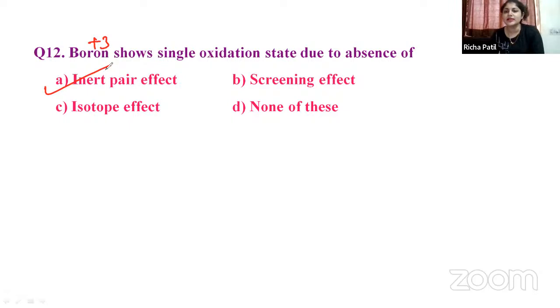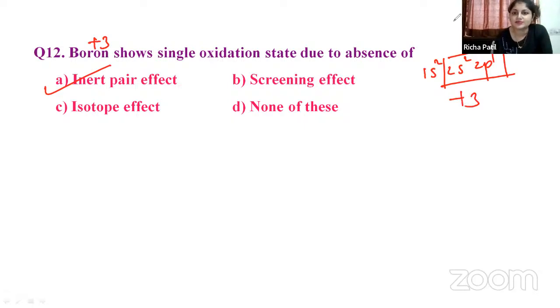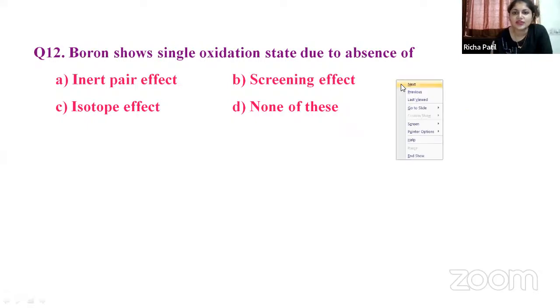There is an absence of inner d or f orbitals, whereas as you go down, there is a presence of d and f orbitals. So it does not exhibit the inert pair effect, and hence it loses all its 3 electrons from its outermost shell and can exhibit only the +3 state. This is due to the absence of the inert pair effect.